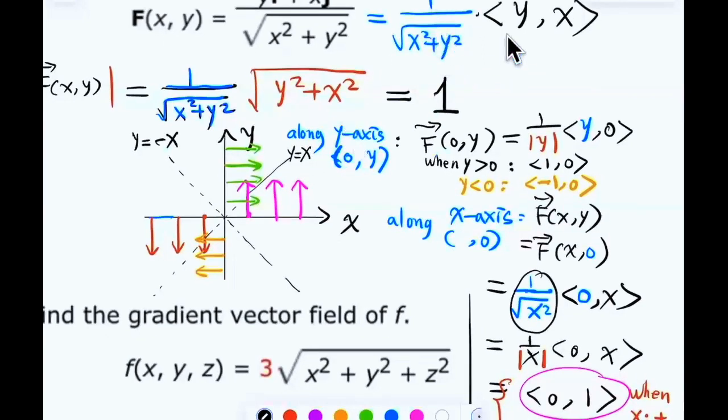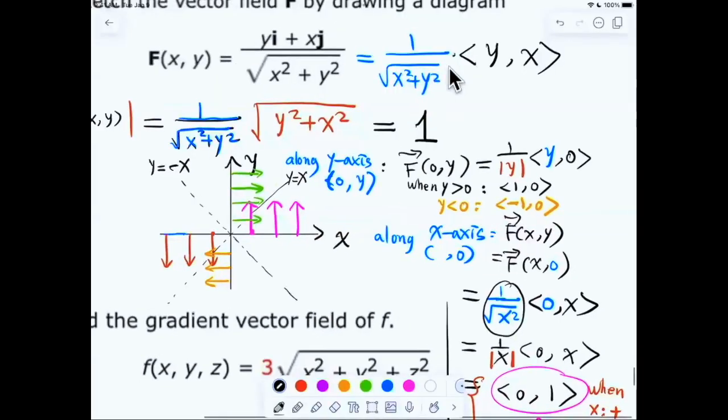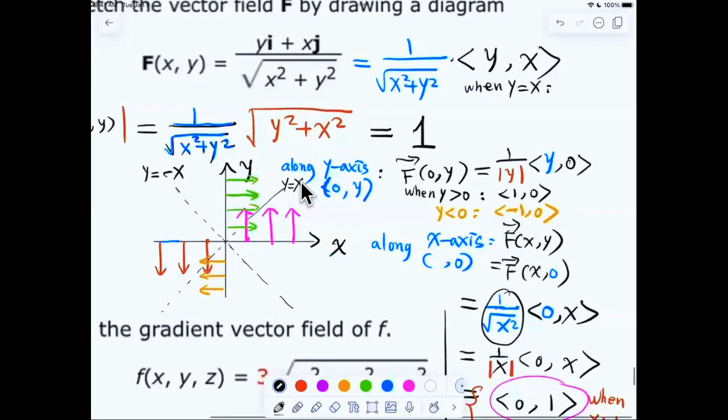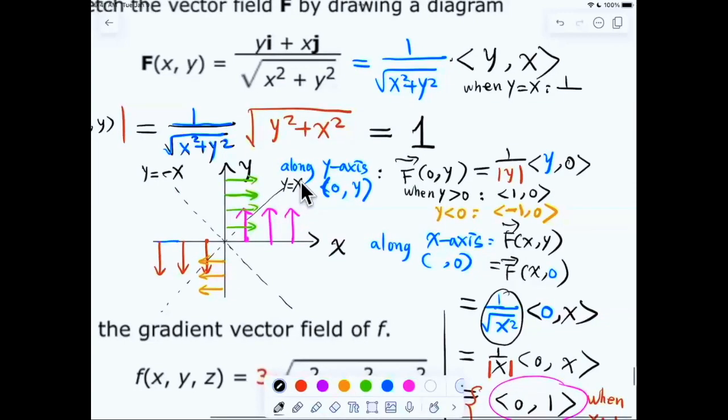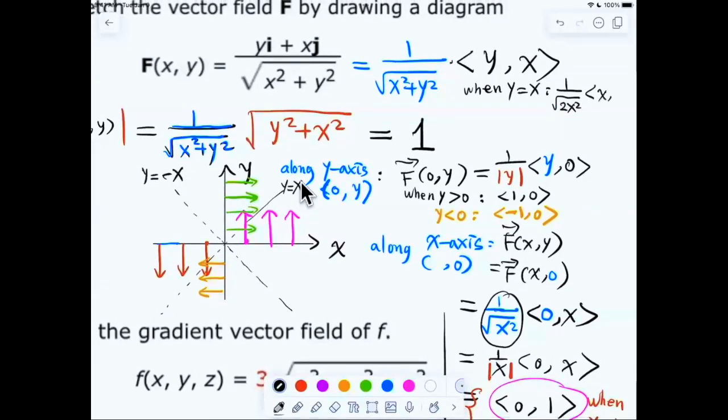Along this direction, when y and x are positive, let's try this. So it's 1 over, let's just replace y by x. So that will be the square root of 2x squared, and then the vector will be x, comma x.